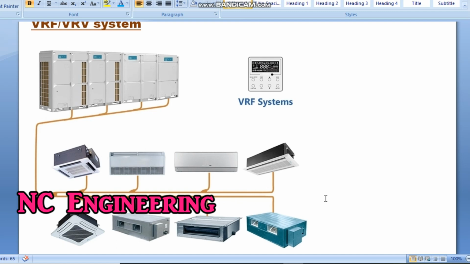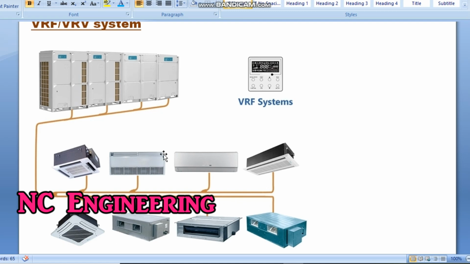If we had general split ACs, we would have 8 outdoor units, and between each indoor and outdoor unit we would have separate piping. But here we have a central system. We can connect all outdoor units to one piping, and all indoor units to the same piping. Although the initial cost is high, the operating cost is very low, and it can be used for large buildings.